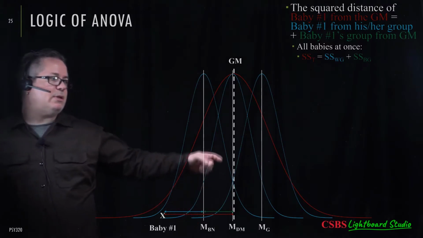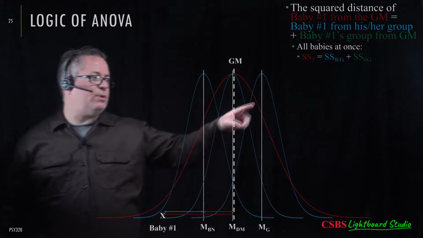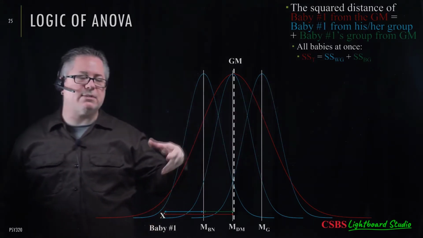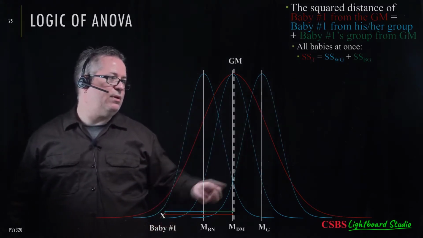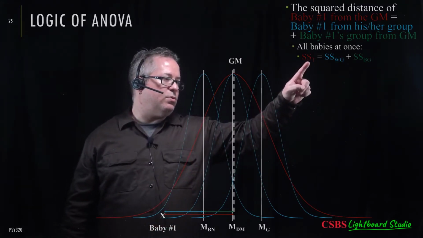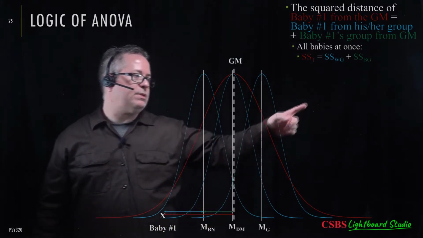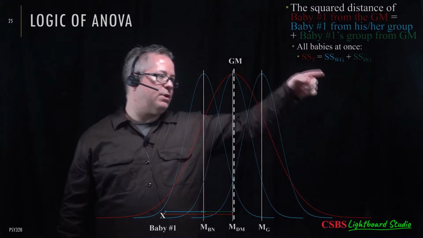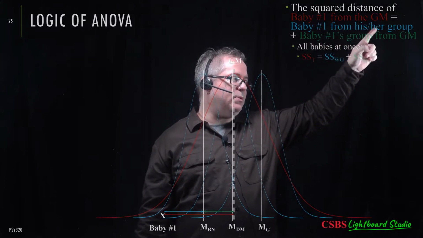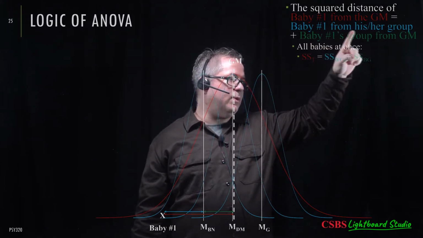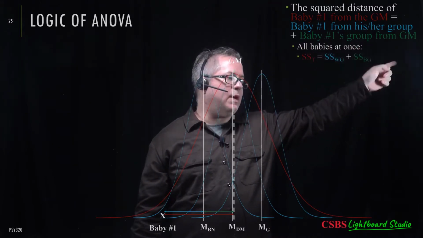So that tells me that the sum of squares total, at least for this one baby, right, how much the baby is going to contribute to the variance, is going to equal the sum of squares within their group plus the sum of squares between groups. Right? So think about that. Baby number 1's distance from the grand mean equals how far baby number 1 is from his or her own group mean, plus how far baby number 1's group mean is away from the grand mean.